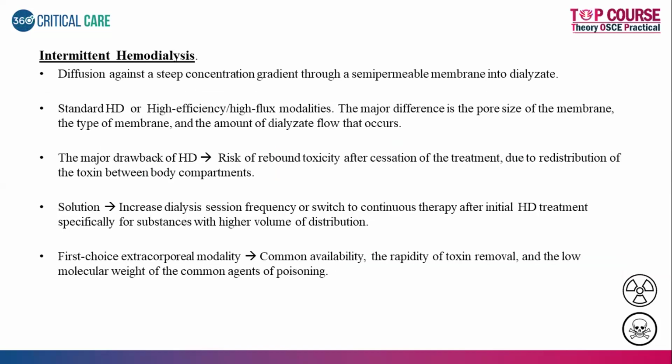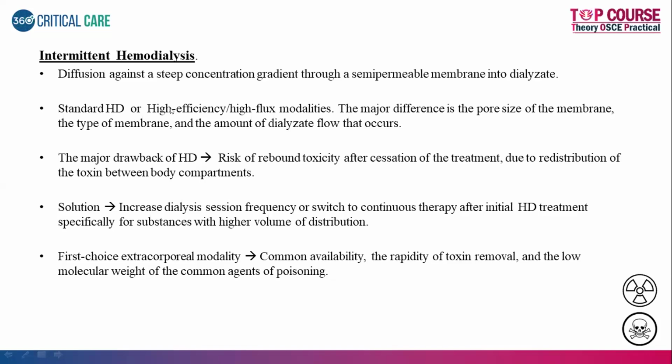Now, you should write at least one or two lines about the advantages of each type of extracorporeal removal for toxins. We all know that intermittent hemodialysis is basically diffusion against the concentration gradient. You all know about the mechanism. For drug removal, there are two types of intermittent hemodialysis: the standard one, and the high flux modalities.